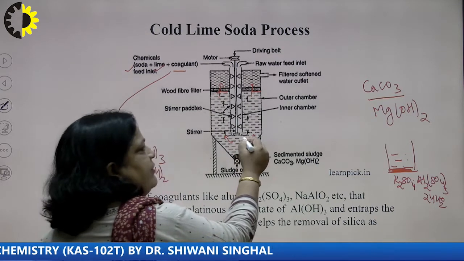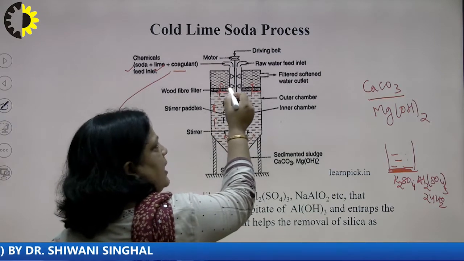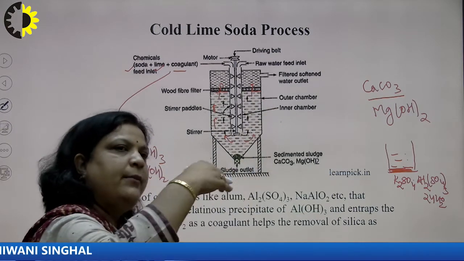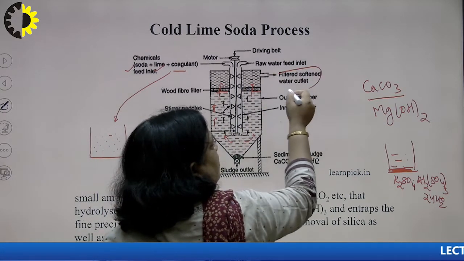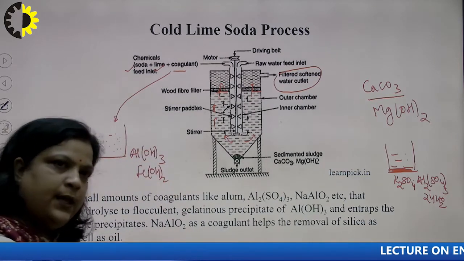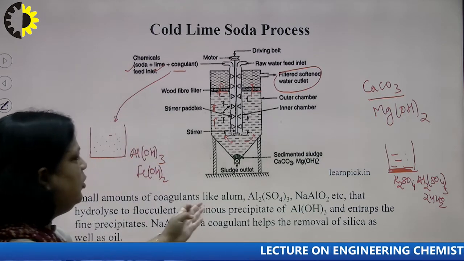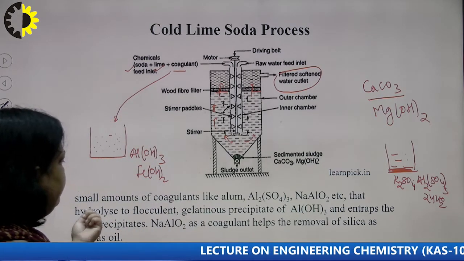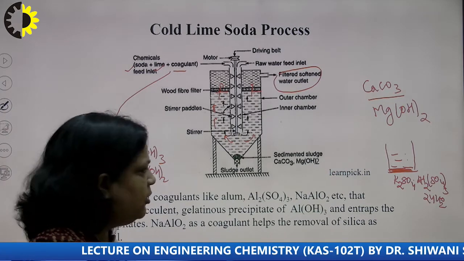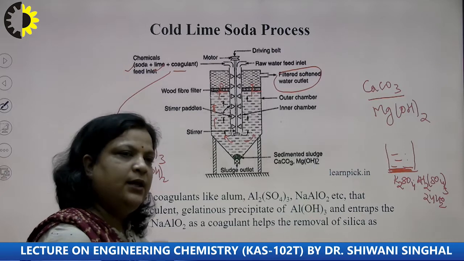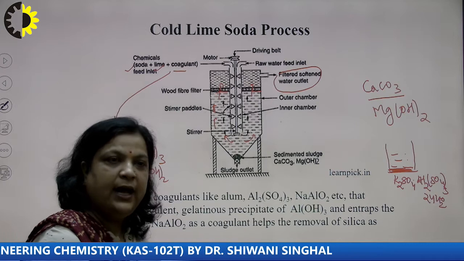Then after reaction the water goes through this direction, and after filtration, some chemicals or particles will be retained there and we get filtered soft water from this side, and the calculated amount of chemicals is added. So this is the role of coagulants, which hydrolyze to flocculant or gelatinous precipitates of aluminum hydroxide which trap the fine particles. And sodium aluminate is also used to remove silica as well as oil.